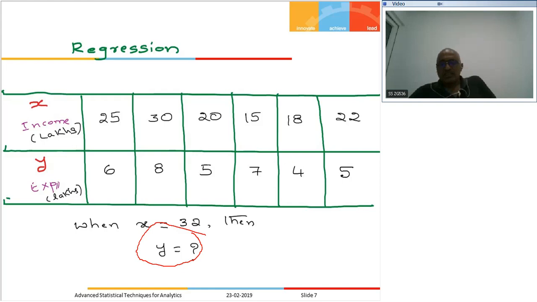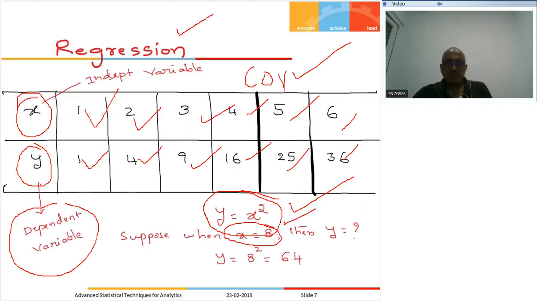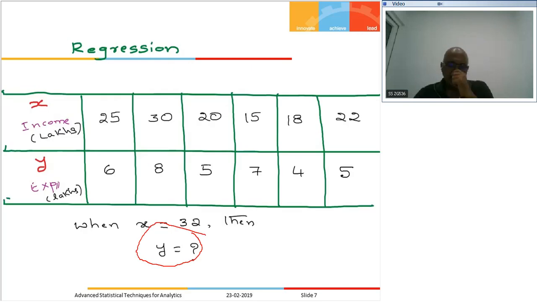So any answer for this? What will be the answer for this? Any guess, any try, what will be the Y value when X is 32? Approximately 8.5, approximately 9.